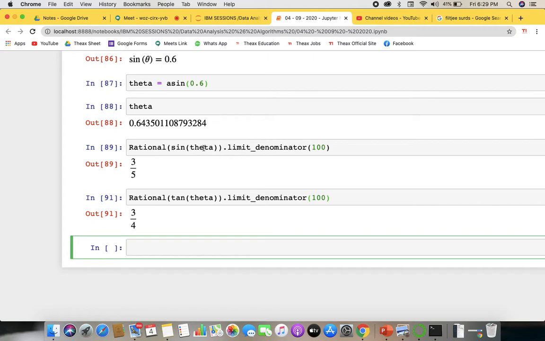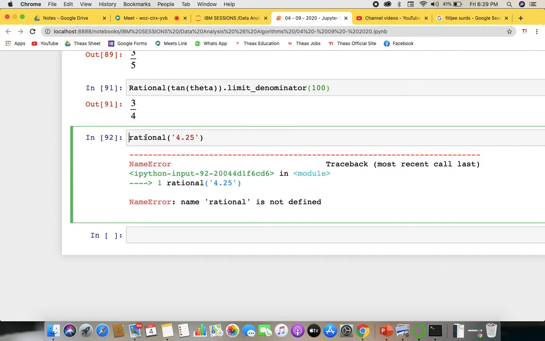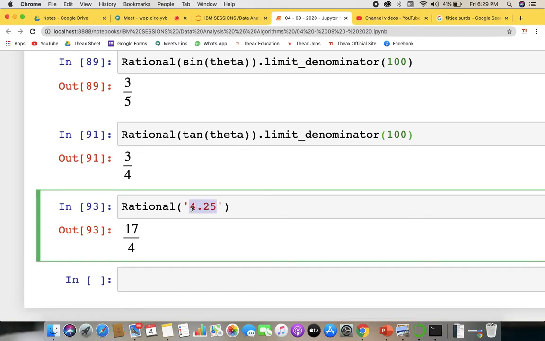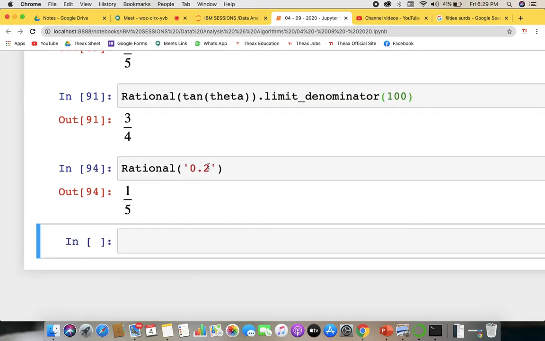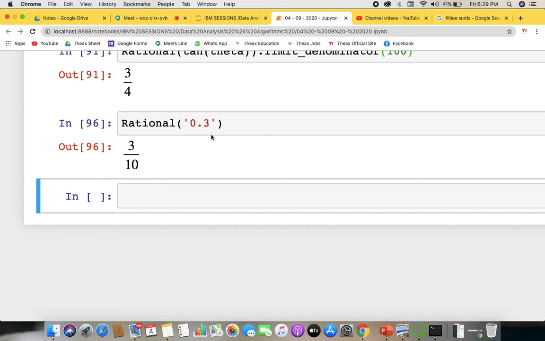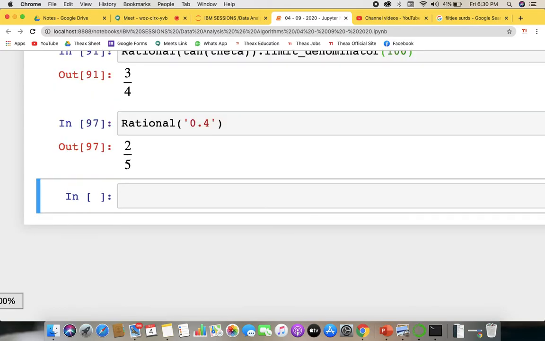Okay. Now also, if you write rational of any string, let's say I have written 4.25. Oh, sorry, this is not capital. That is 17 by 4. Rational value 0.5, 0.2 is 1 by 5, 0.5 is 1 by 2, 0.3 is 3 by 10, 0.4 is 2 by 5.